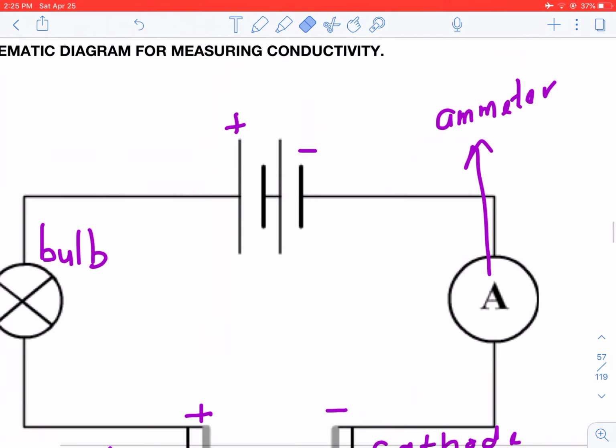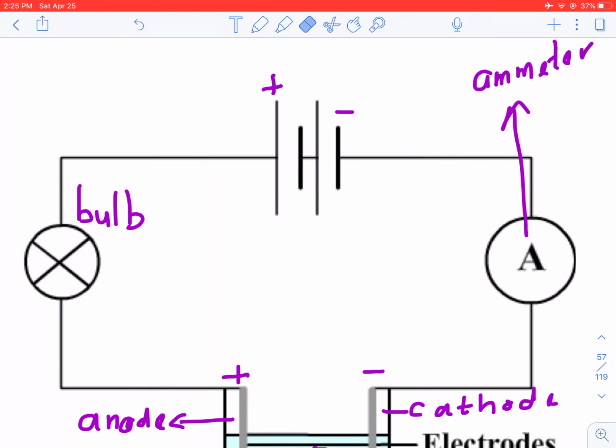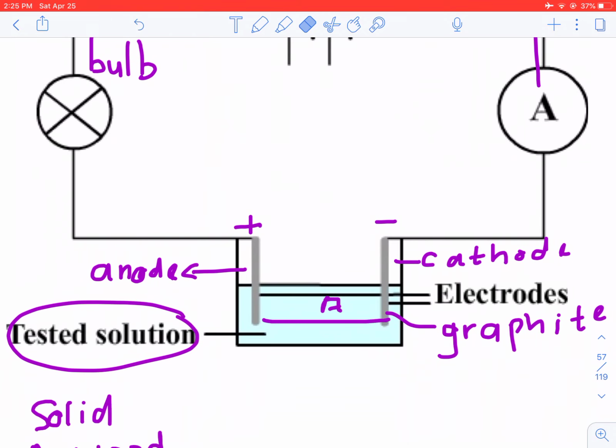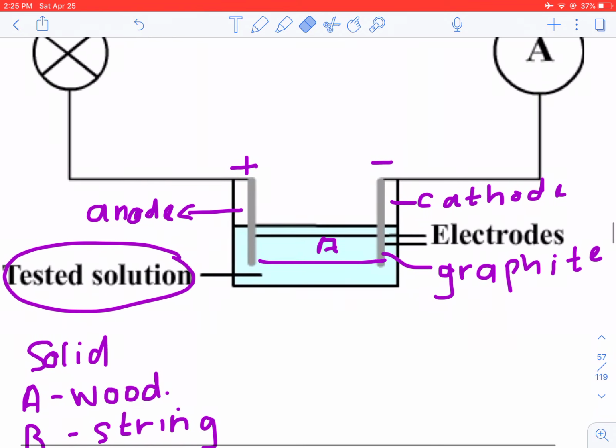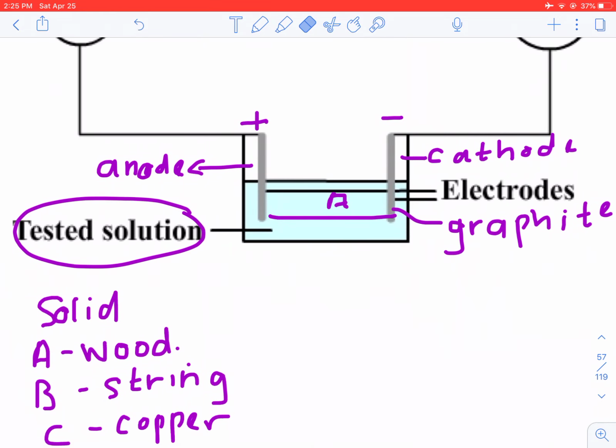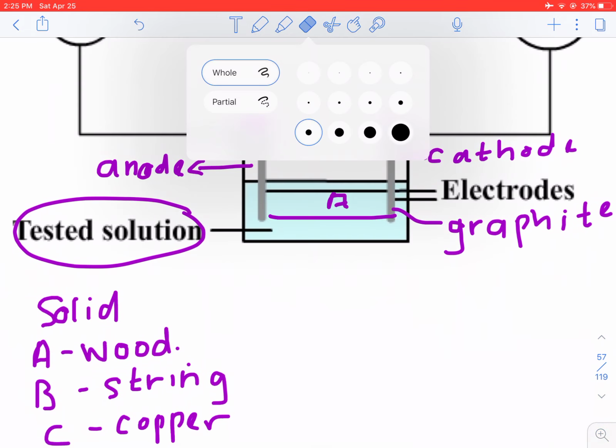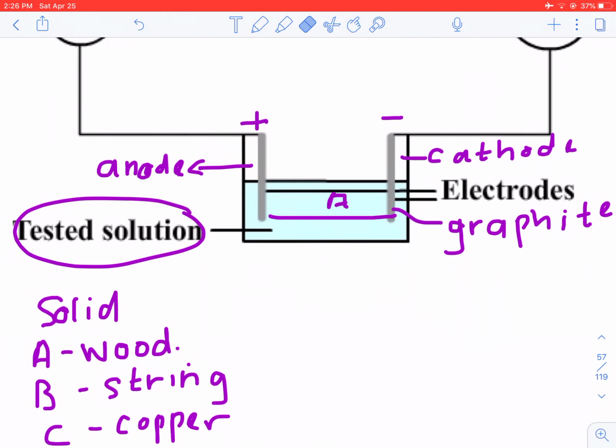and I look at the ammeter, it will show no reading. The bulb won't light up, so nothing happens. If I then substitute that with string, which is B, the same thing happens.